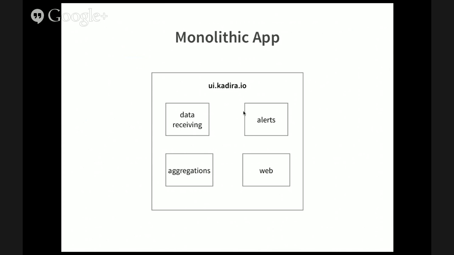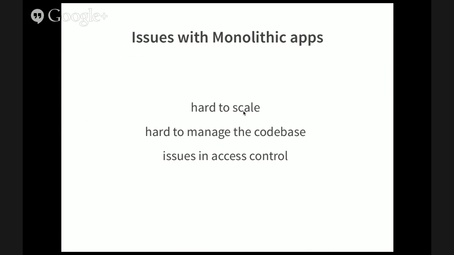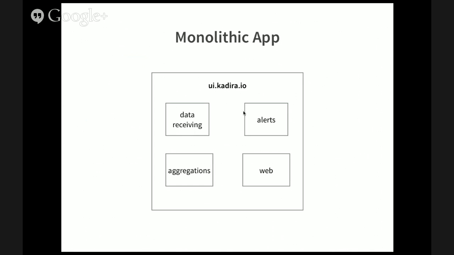There will be a lot of code, and we could not actually manage it or organize it in a better way, because these are different systems, and we can't use one way of architecting those things. The next thing is access control. Let's say we need to give one service to one set of users and another to someone else. We can't do that with a monolithic application with a single code base.